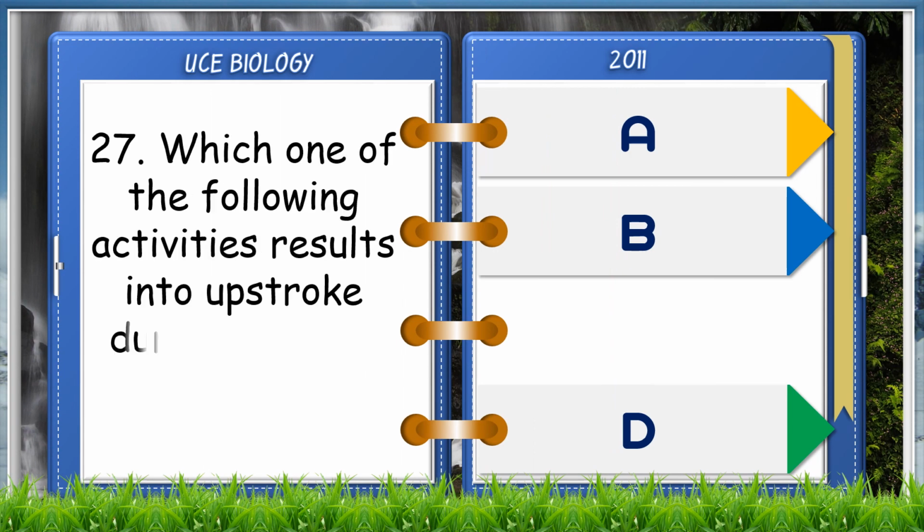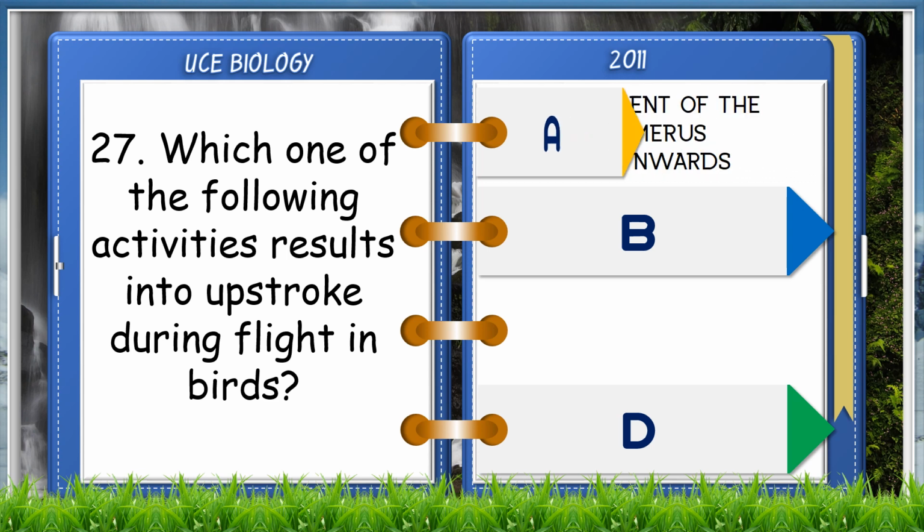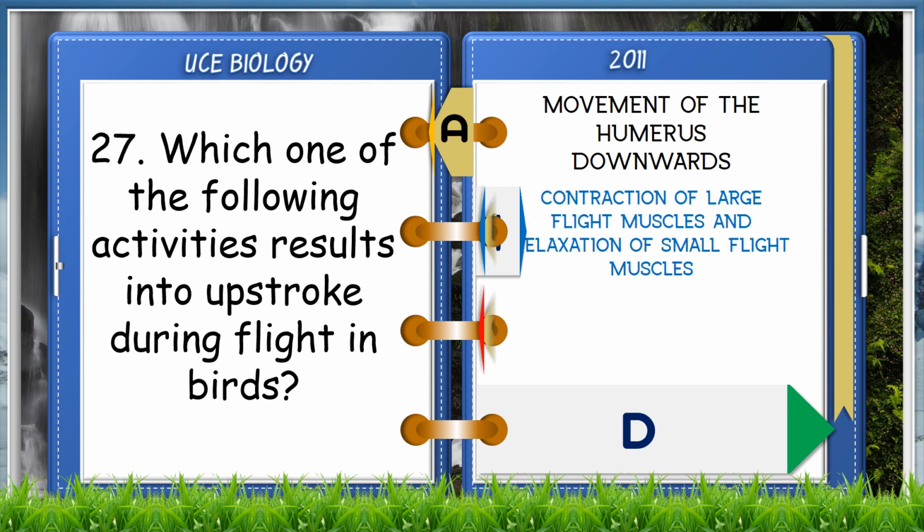Which of the following activities results into obstruct during flight in birds? A. Movement of the humerus downwards. B. Contraction of large flight muscles and relaxation of small flight muscles.